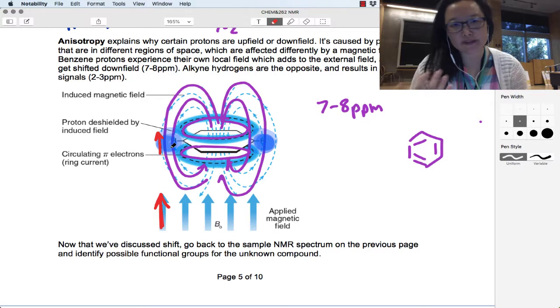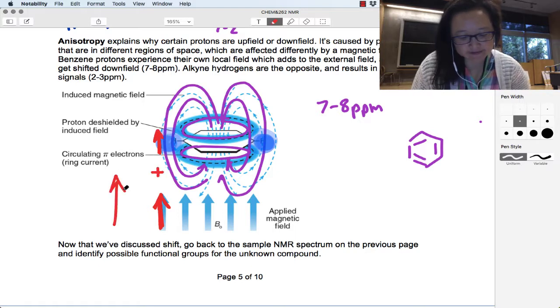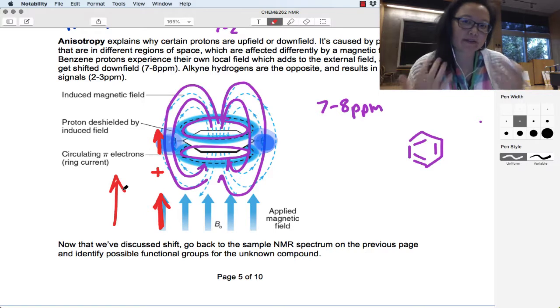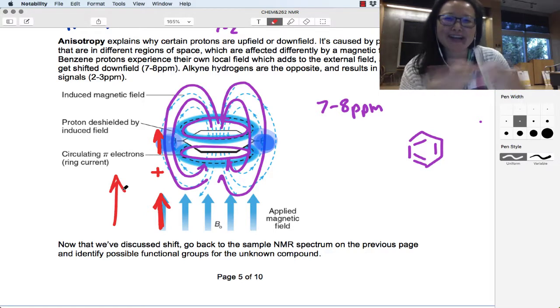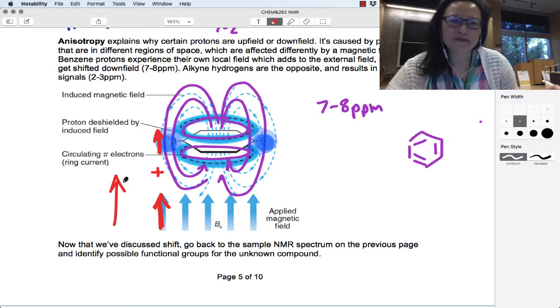So the effective field, or the field that it basically feels, is not only this, but it also feels this. And so those add up together and it feels this. And when it feels a greater field, it's like you're pulling electrons away from it. It's the same effect as being de-shielded. So feeling the field greater causes it to be downfield more, 7 to 8.